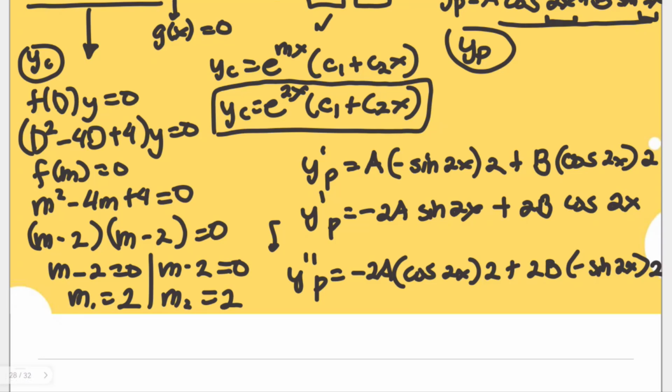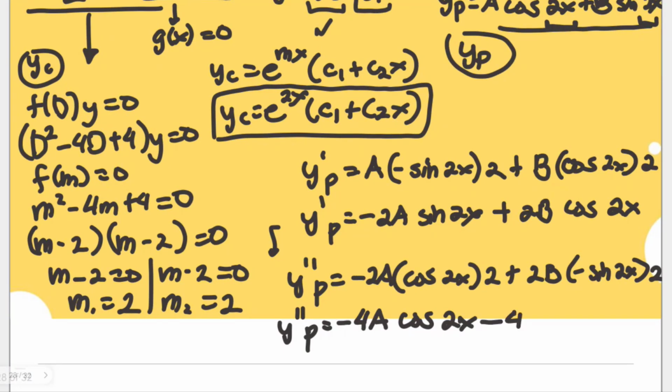So the simplified form of that will have this form here. That's minus 4a cosine of 2x, plus minus 4b, because we have a negative sign, sine of 2x.